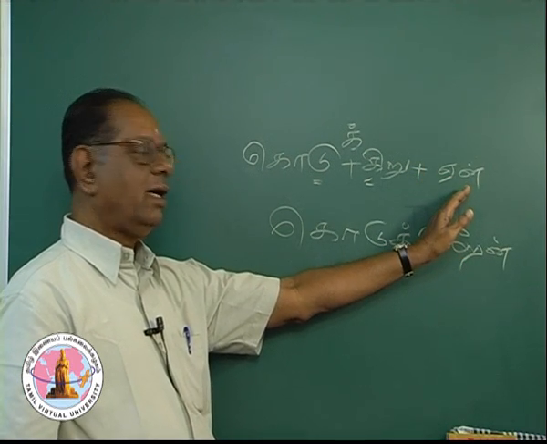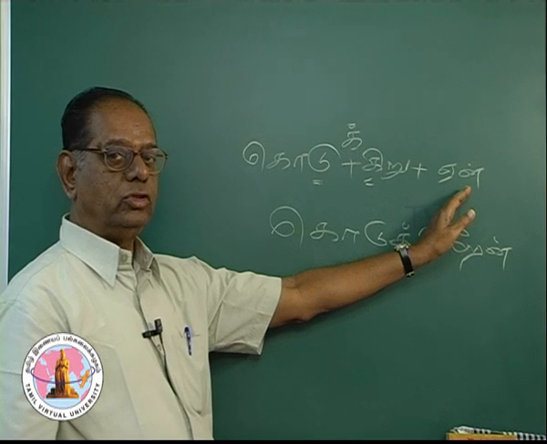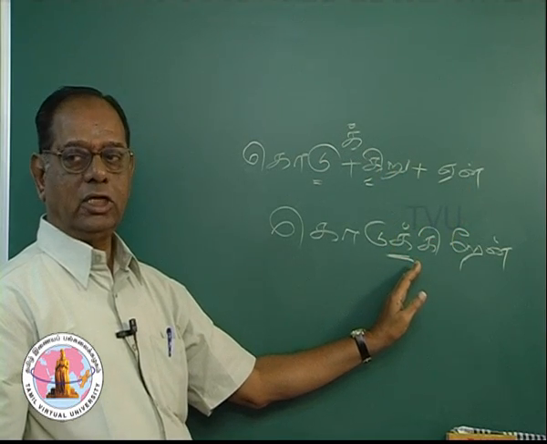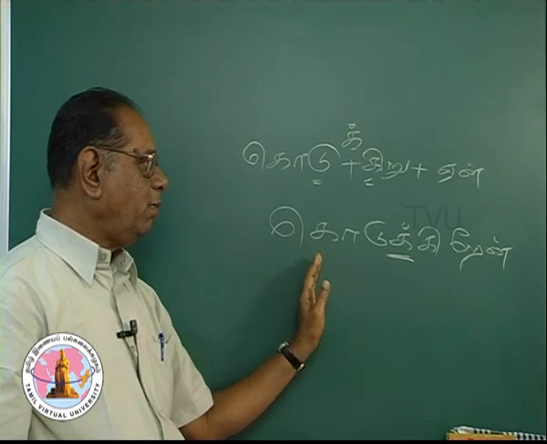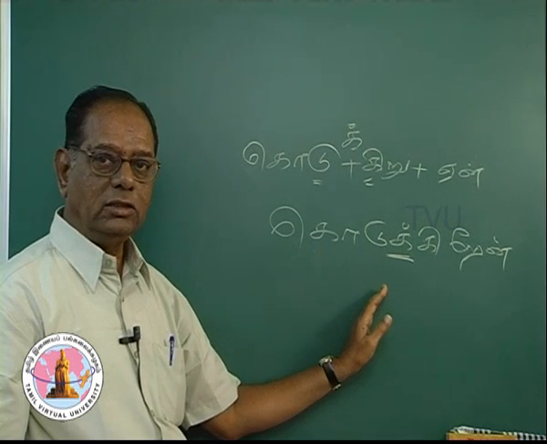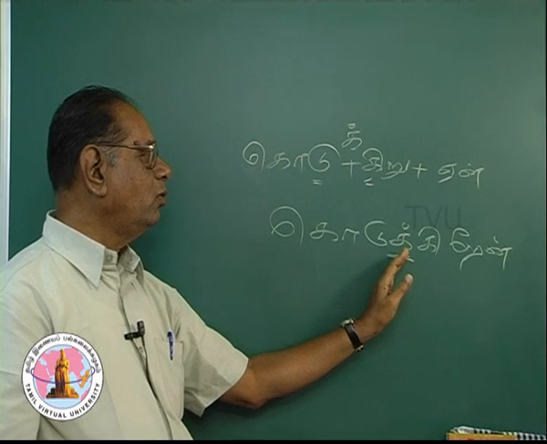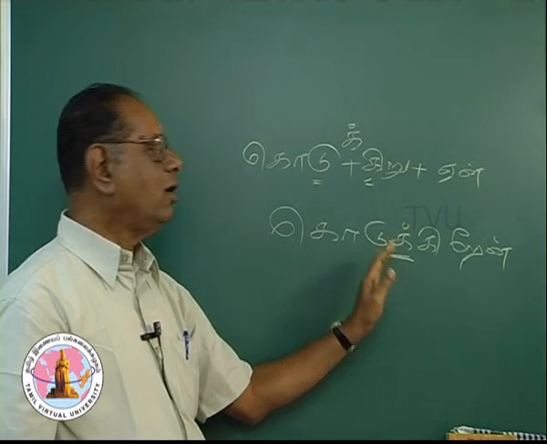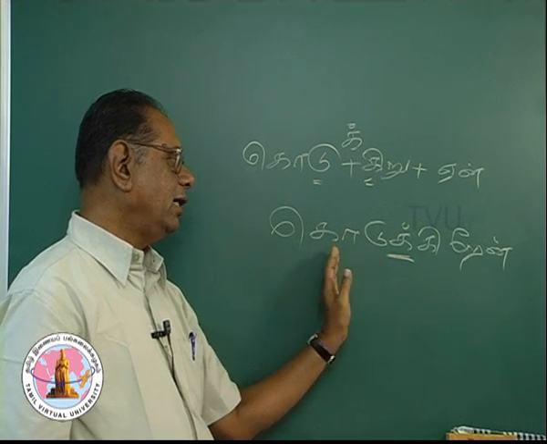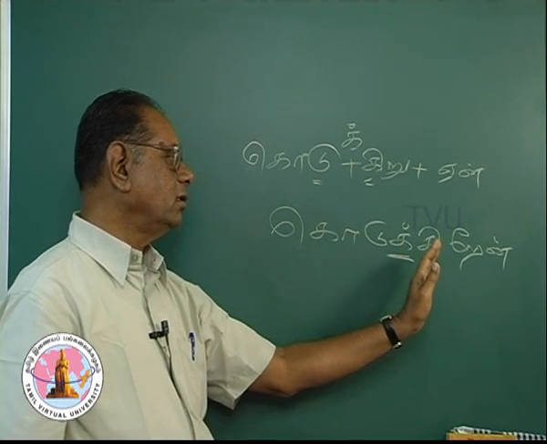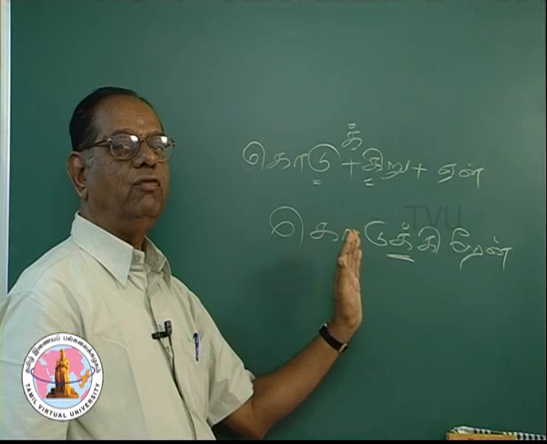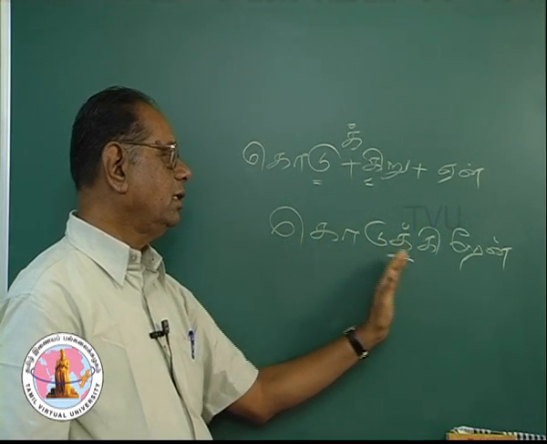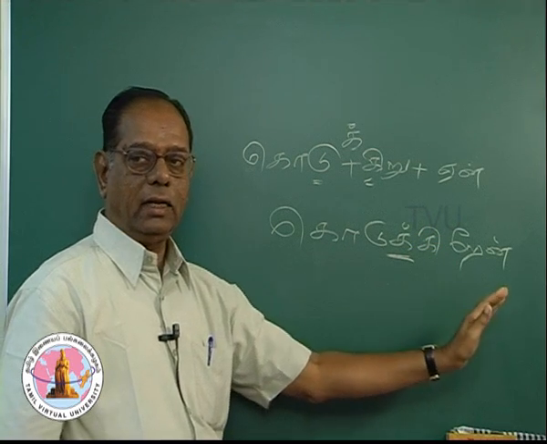The personal marker does not undergo any change. So also the tense marker does not undergo any change. The verb also does not undergo any change. Only a sound, a letter is introduced, and that is a consonant, and naturally in combination you have a free flow of pronunciation. Kodukkiren.